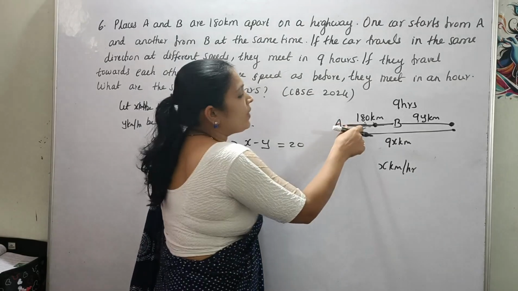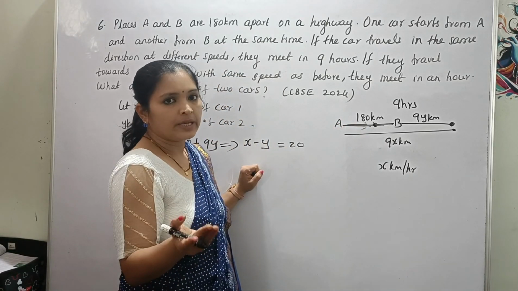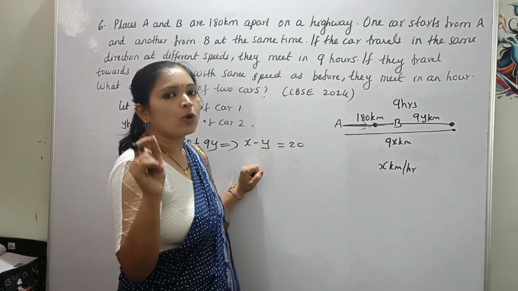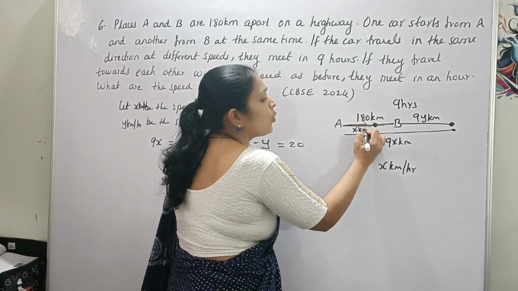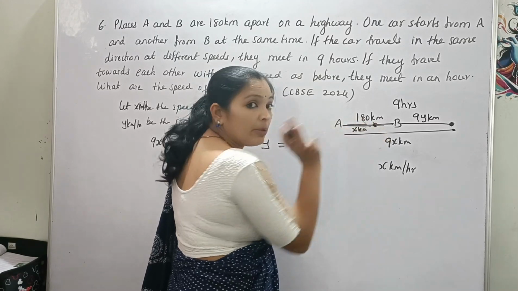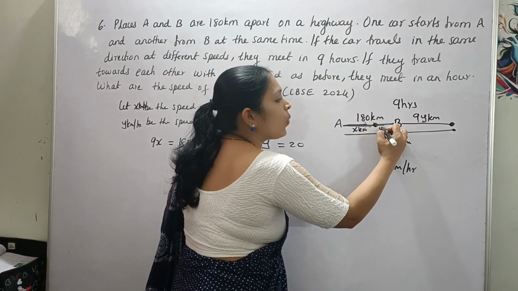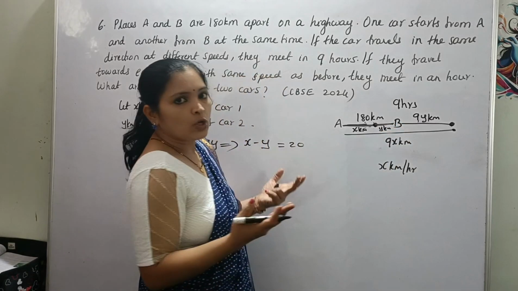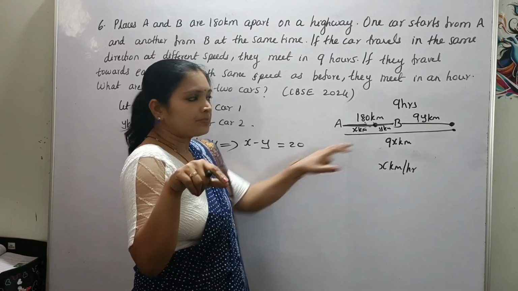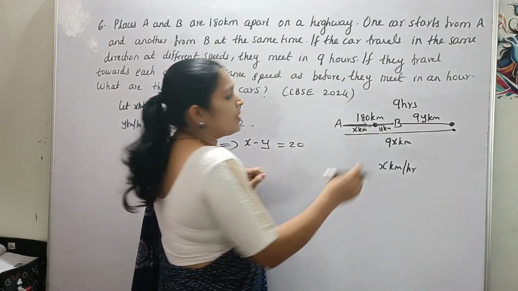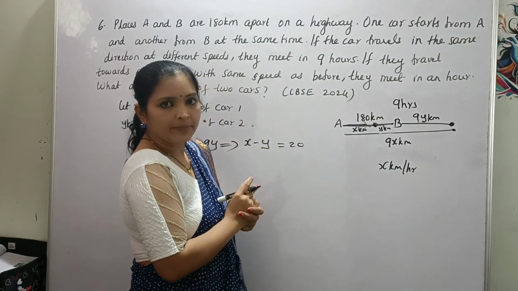What is the time? After 1 hour. And what is the speed of car 1? X kilometer per hour. That is, for 1 hour, x kilometer. That means after x kilometer they will meet. And here, car 2, its speed is y kilometer per hour. Means for 1 hour it travels y kilometer. So after this y kilometer distance, they will meet.